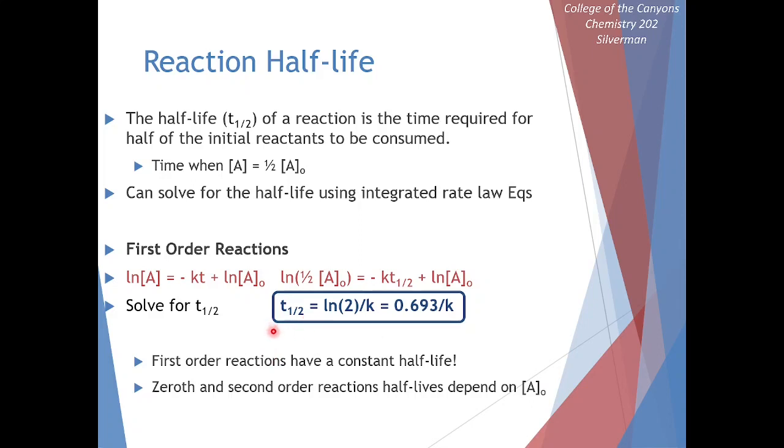What we find is that t1/2, the half-life for first order reactions anyways, is equal to 0.693 divided by the rate constant, or the natural log of 2 divided by the rate constant. The half-life for first order reactions does not depend on how much of your material you start with.